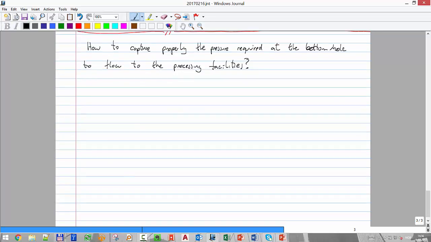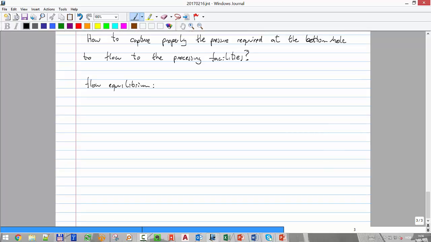So here we come to this concept of flow equilibrium. Let's make our production system.